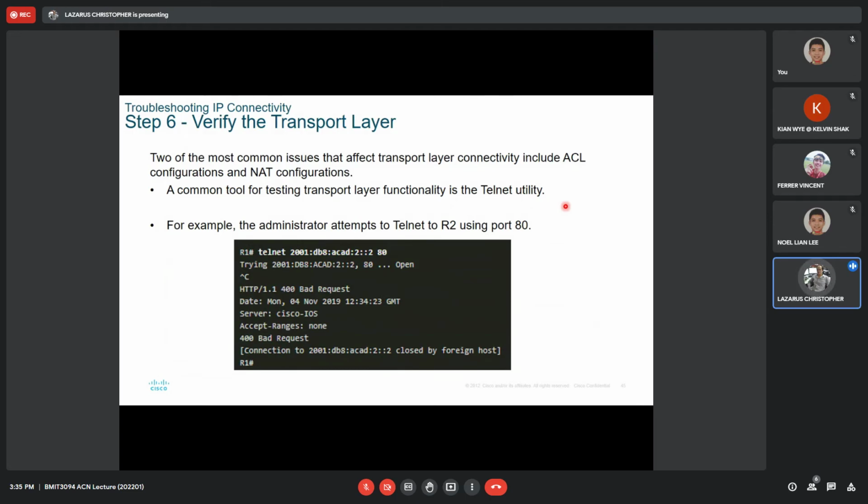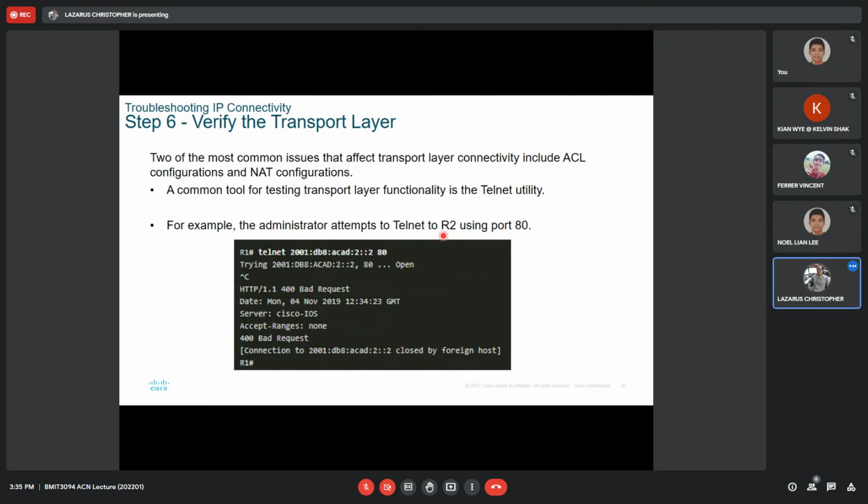If, instead of ping, you want to test the transport layer, you use telnet. As you can see here, in the example the administrator attempts to telnet to router 2 using port 80.